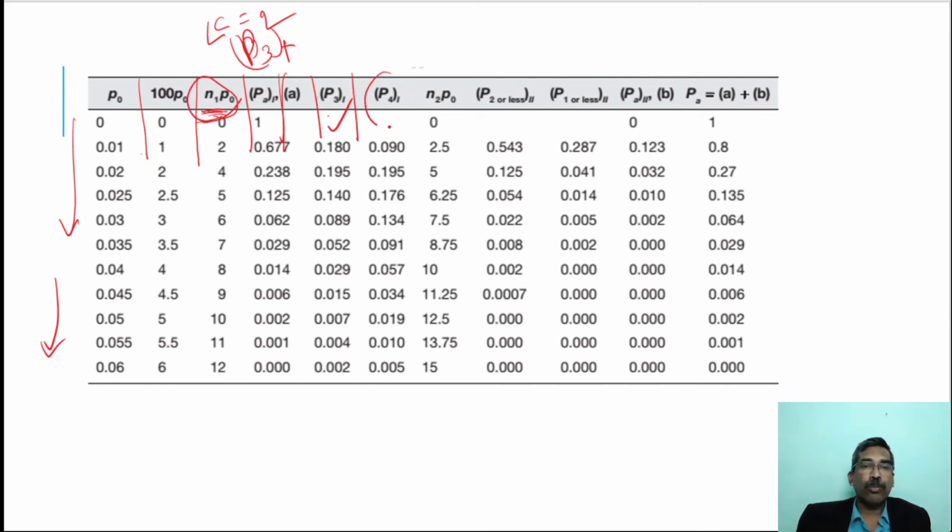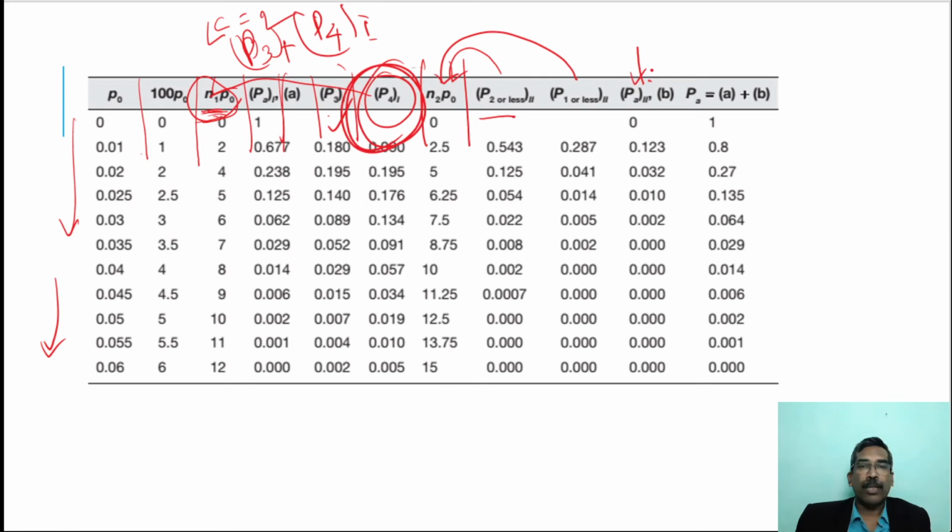And this is also P4, exactly 4 in the first sample, calculated based on N1 P0. Now you will have to find N2 P0, and for the second sample we have to find P2 or less based on N2 P0, and P1 or less based on N2 P0, and finally using that equation you find PA2, and after adding PA1 and PA2, we can find the value of PA.